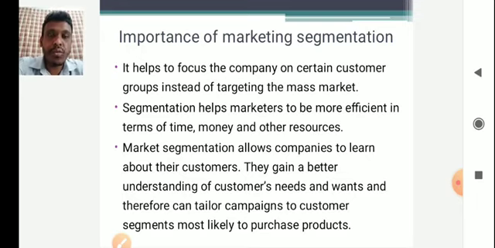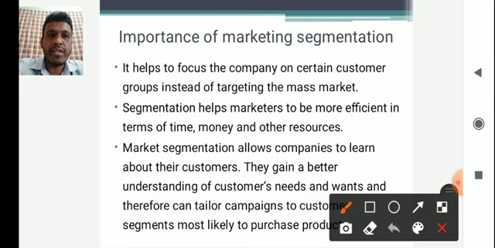Hence it becomes more sensible that you first segment the market, and then try to market similar kinds of products to similar kinds of customers. Segmentation helps marketers to be more efficient, especially with respect to time, money, and other resources.